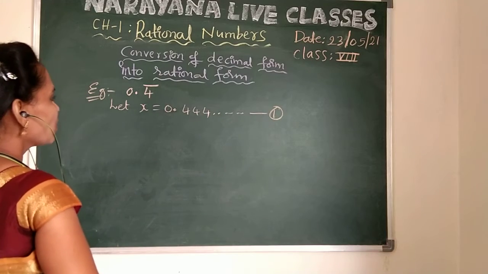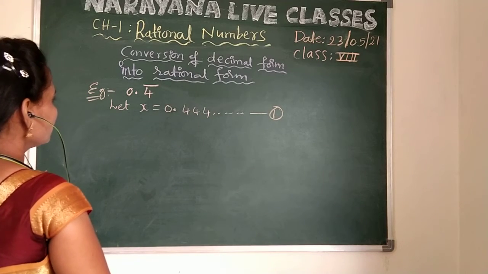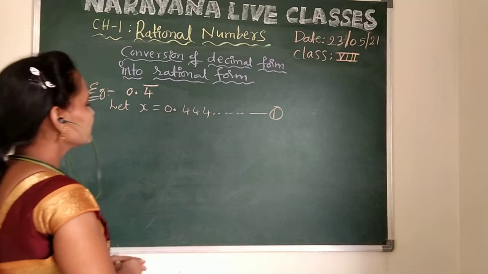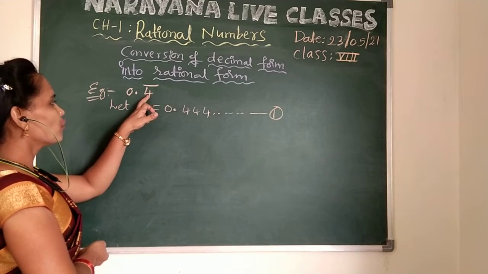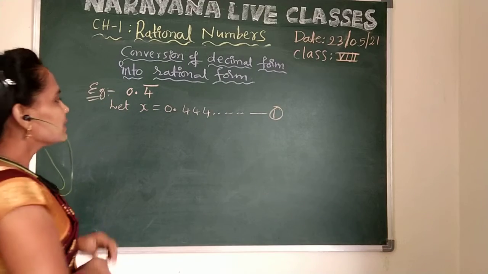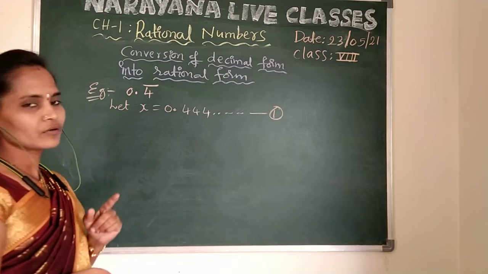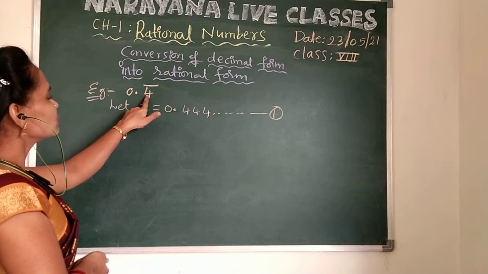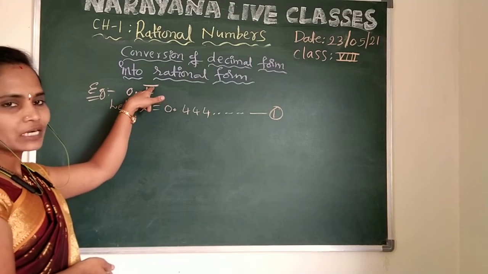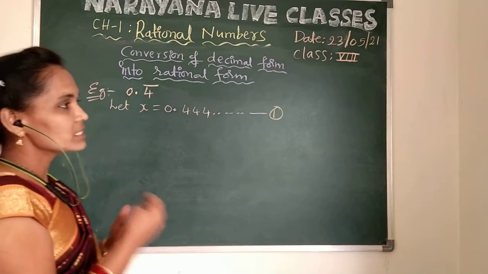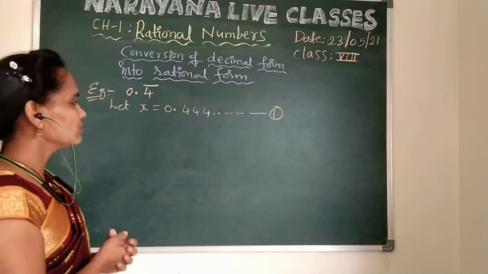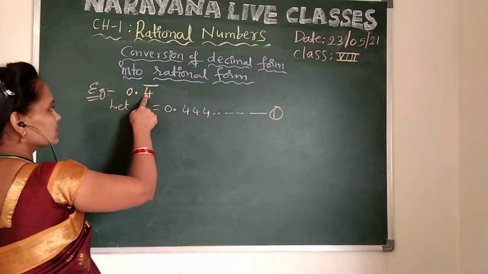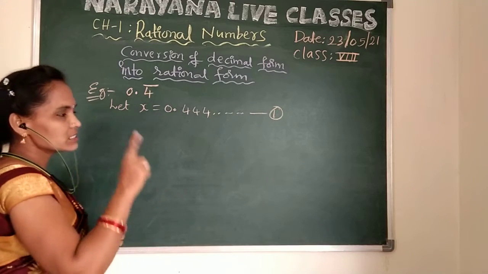Next, we have to find out the periodicity. The period here is 4. Periodicity is 1, because the bar is over one digit only. For however many digits the bar covers, that is the periodicity we should take. Suppose for one digit bar, periodicity is 1.